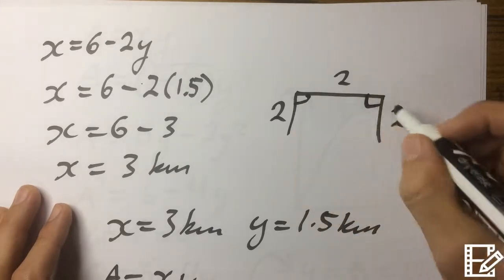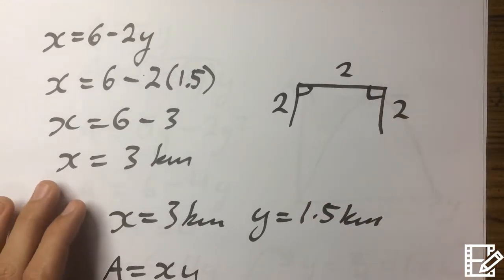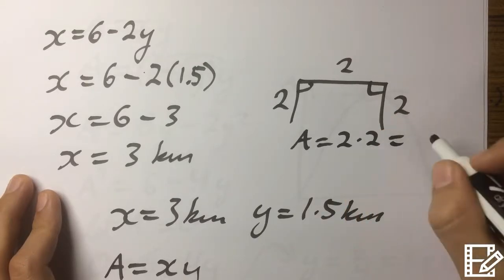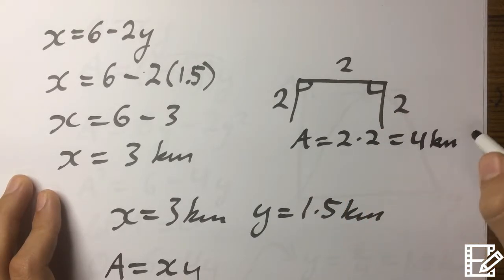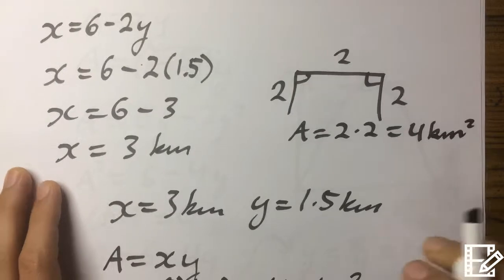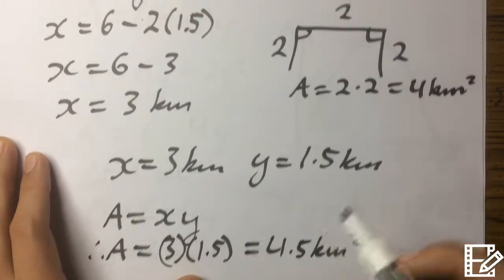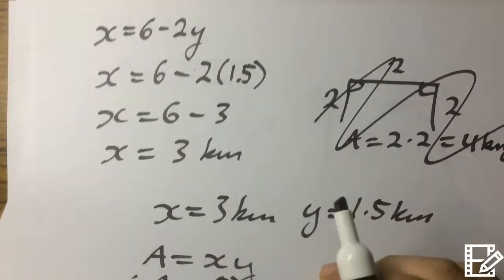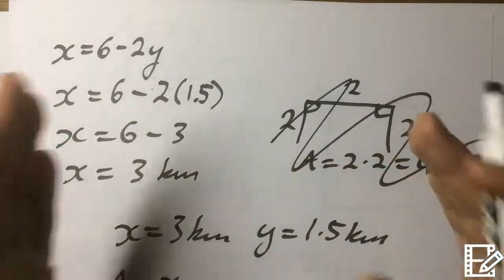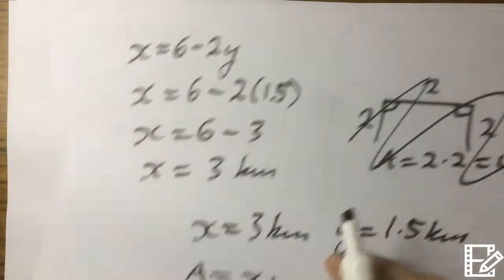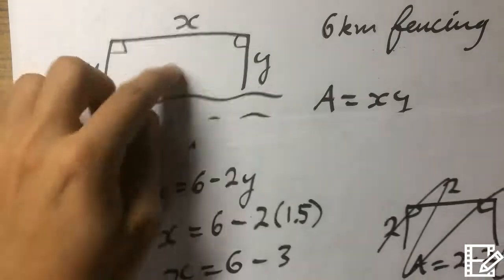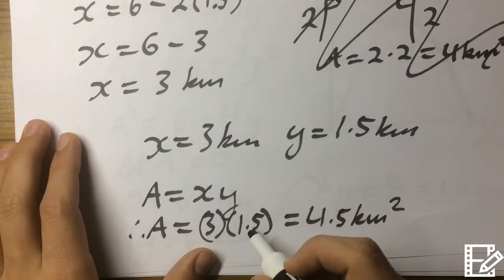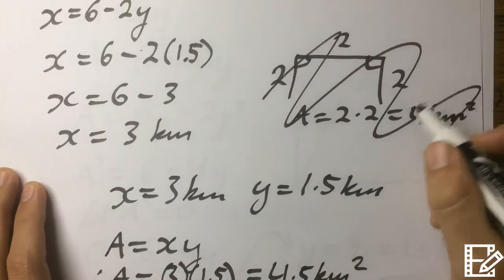Well, that wouldn't work because the area would be equal to 2 times 2, which is 4 kilometers squared. This is 4.5, which means it's bigger. So even though in the other example a square was optimum, in this example a square is not optimum. We want a rectangle, because a rectangle with x being 3 and y being 1.5 is bigger than if it was a square.